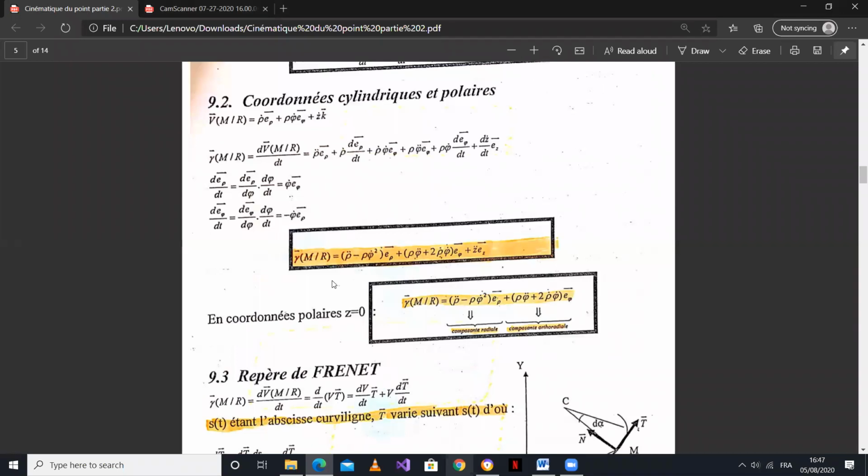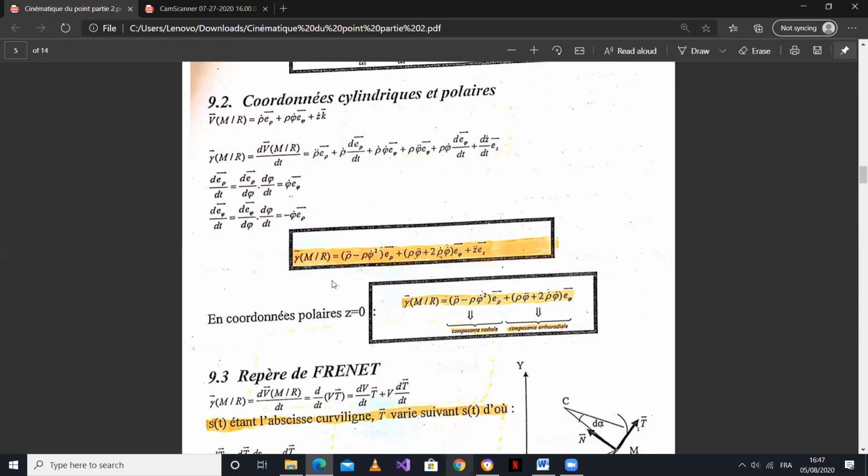So now we come, okay, lovely. So we come to the cylindrical polar coordinates, okay? Now the expressions are starting to get longer and a bit more complicated, but the calculations are still the same things. C'est la même chose, les mêmes choses qu'on vient de faire. Nothing has changed. We will be decomposing the derivatives that we have.